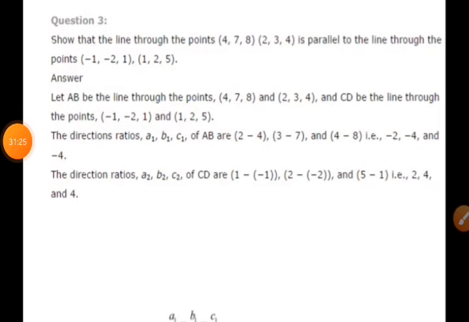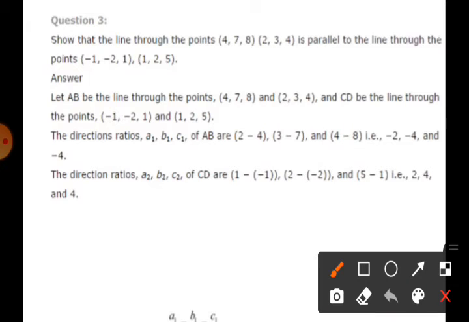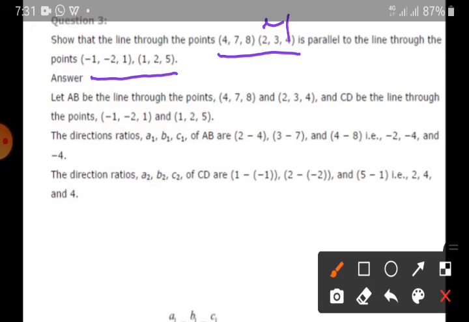Question number 3. Show that the line through the points (4, 7, 8) and (2, 3, 4) is parallel to the line through the points (-1, -2, 1) and (1, 2, 5). The line joining the first two points is L1, and the line joining the other two points is L2.